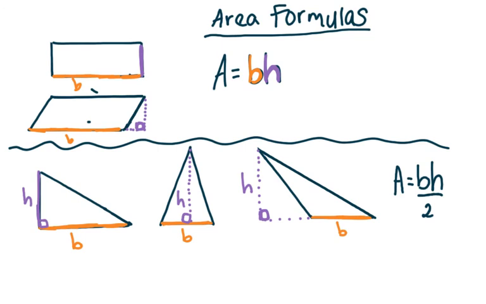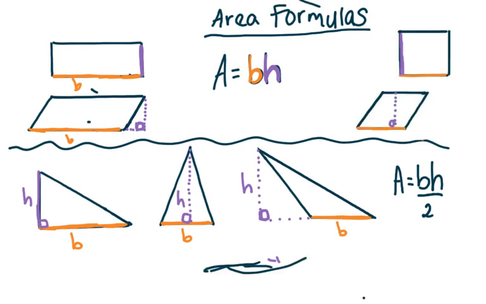So we've learned two formulas, and we know now that those two formulas cover squares, rhombi, which is the plural for rhombus, rectangles, parallelograms, and all of our different types of triangles. Again, just in case we don't know, a square is a special type of rectangle.